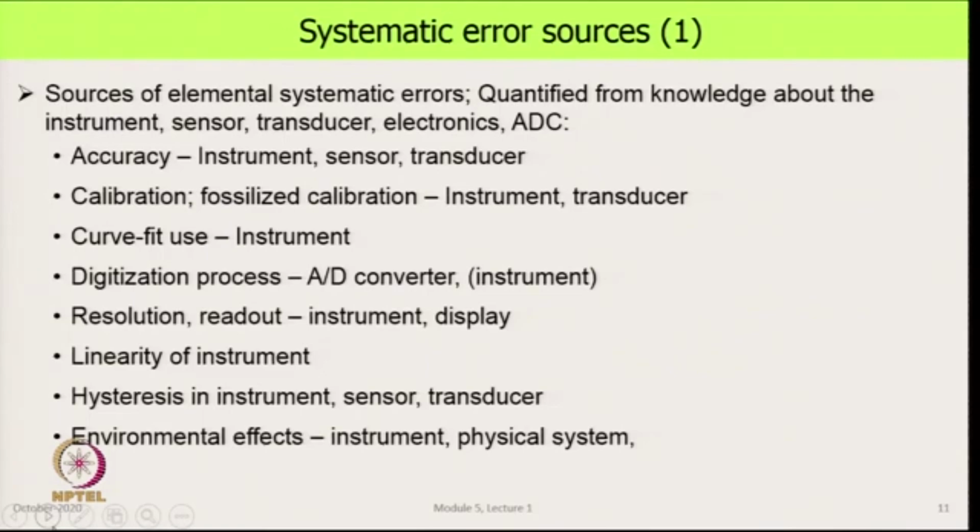Now, what were the systematic error sources? On this later on also we will come back and spend more time. Right now, I will just list them and just explain what it is that this is. How to get information on this and then convert it into a standard uncertainty, this we will look at in a later lecture.